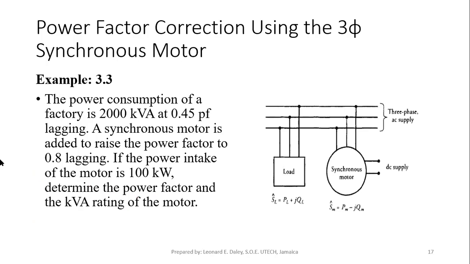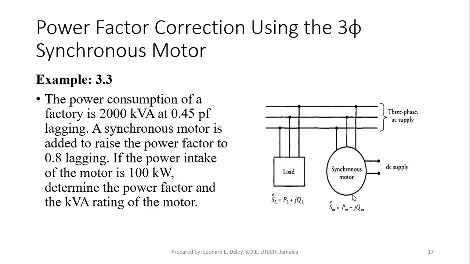Now let us look at an example of power factor correction using the synchronous motor. This factory has a 2000 kVA load at 0.5 power factor lagging, so it's very poor. And the synchronous motor is added to raise the power factor to 0.8 lagging.